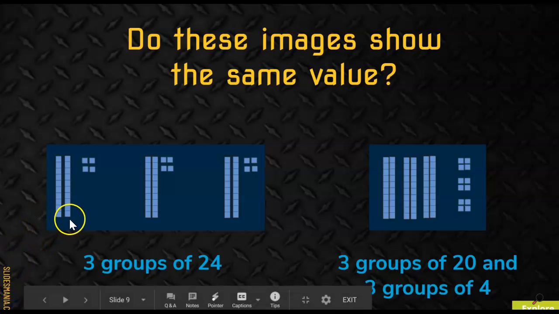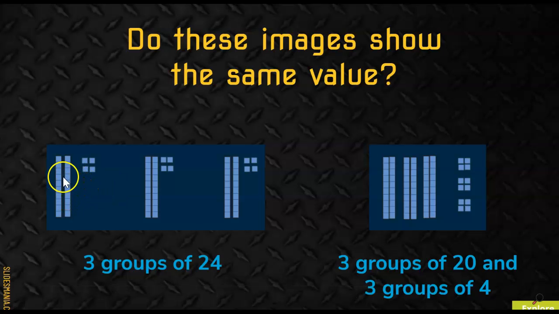If you answer yes to that question, you would be correct because they both have the same value. So we've got 20 plus another 20 is 40, and another 20 is 60, 64, 68, 72. You have the same value over here as you have over there. So by comparison, you can say that 3 times 24 has the same value as 3 groups of 20 and 3 groups of 4.